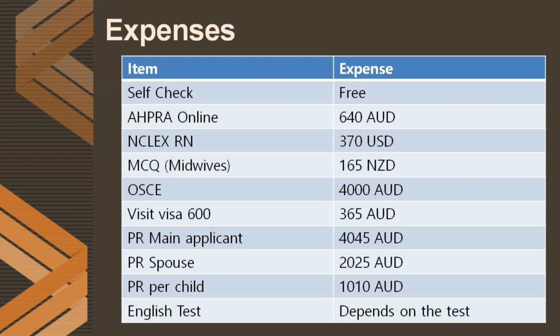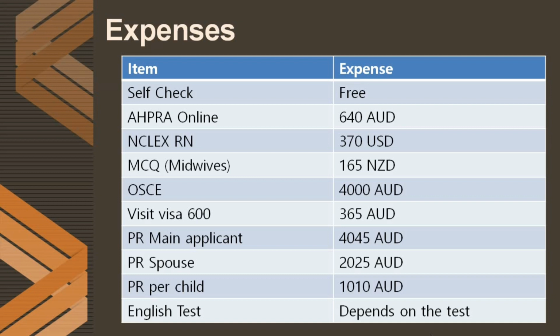Then OSCE it is 4,000 Australian dollars, and visit visa 600 initially. When you want to travel to Australia, you have to apply for this visa. It will cost you around $365, and you have to take care of your expenses like flight charges, room stay, everything. Then PR for the main applicant, it costs you 4,045 Australian dollars.